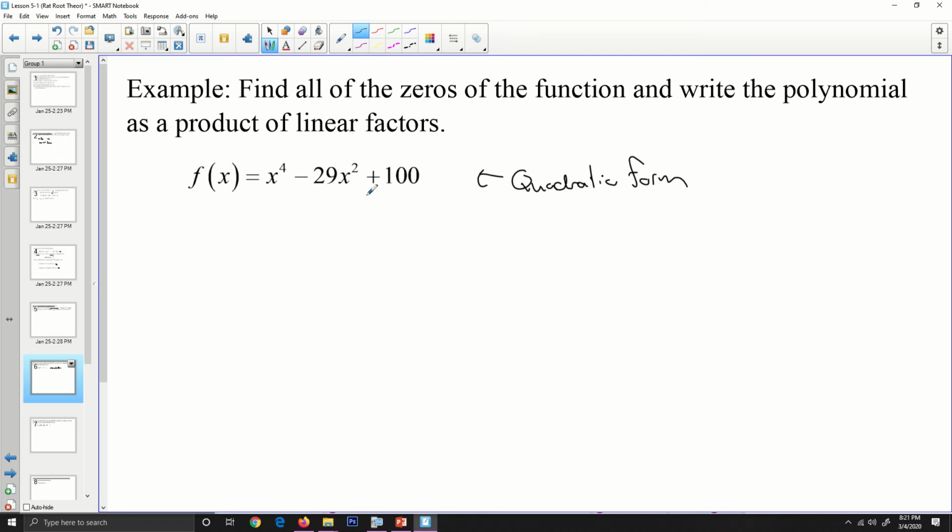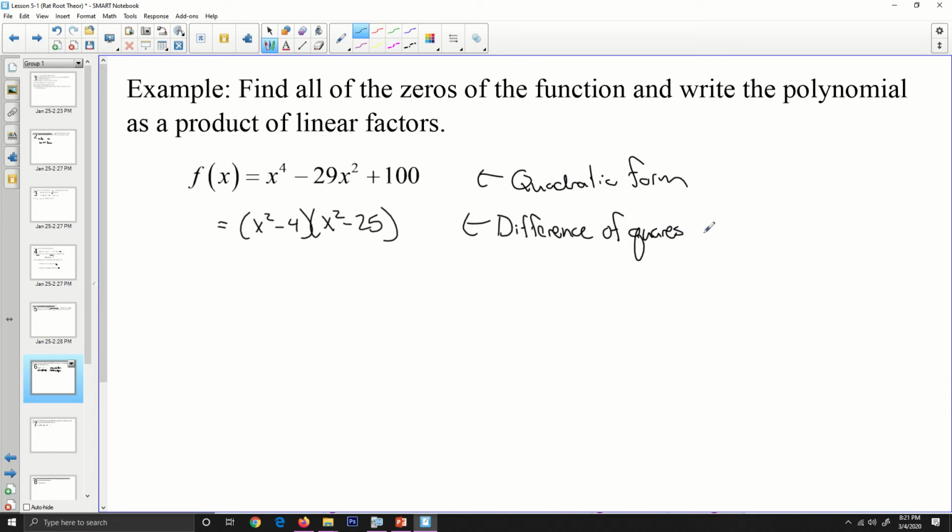Are there two factors of 100 that add up to negative 29? Clearly there are. Negative 25 times negative 4 multiply to positive 100, and negative 25 plus negative 4 add up to negative 29. So we can rewrite this as x squared minus 4 times x squared minus 25, and these are both differences of squares.